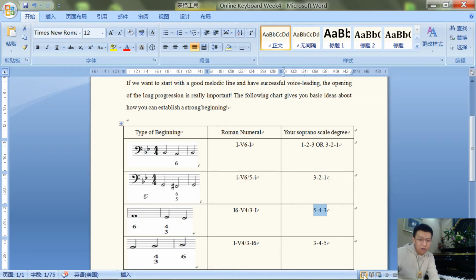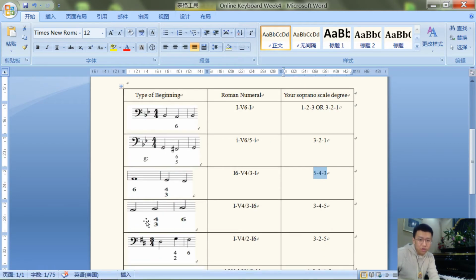And the next, in the opposite, there is scale degree 1, 2, 3 in the bass, so your soprano scale degrees can be 3, 4, 5.